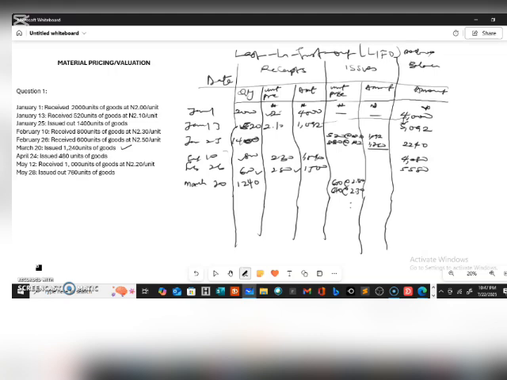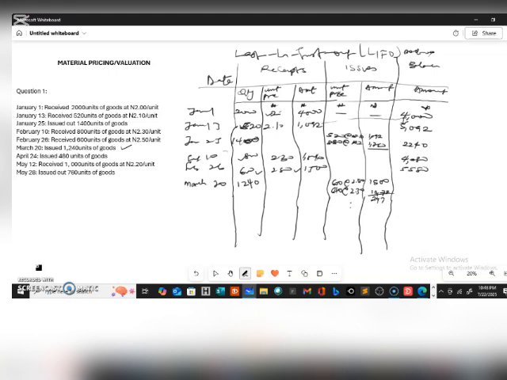So 600 times 2 naira 50 kobo will give us 1,500. And 640 times 2.30 should give us 1,472. So this should give us 2,972.